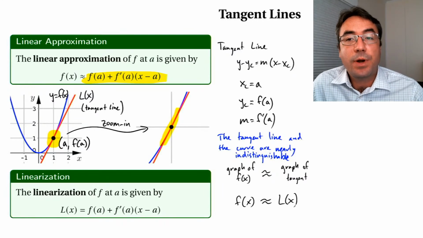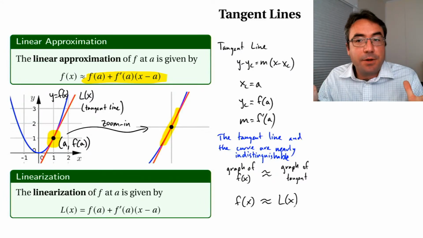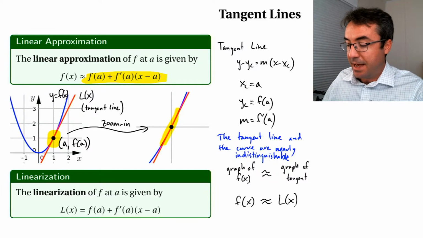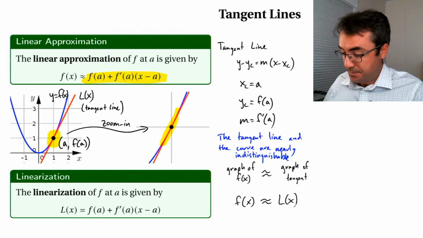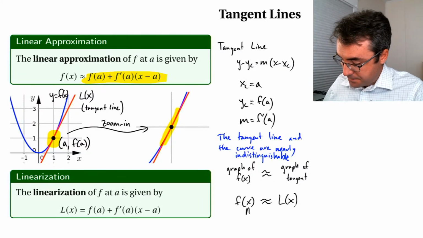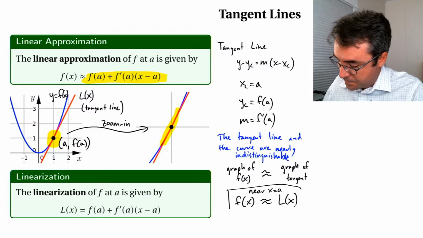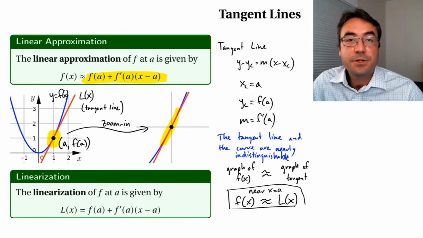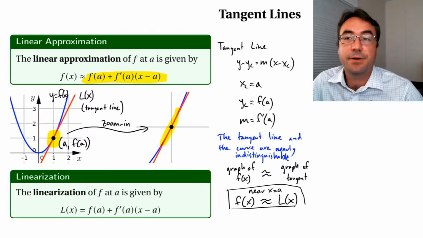So L of x is a brand new function, and it's separate from function f of x, but it has the property that f of x is approximately equal to L of x near x equals a. So near x equals a, the function f of x and the function L of x are approximately equal to each other.